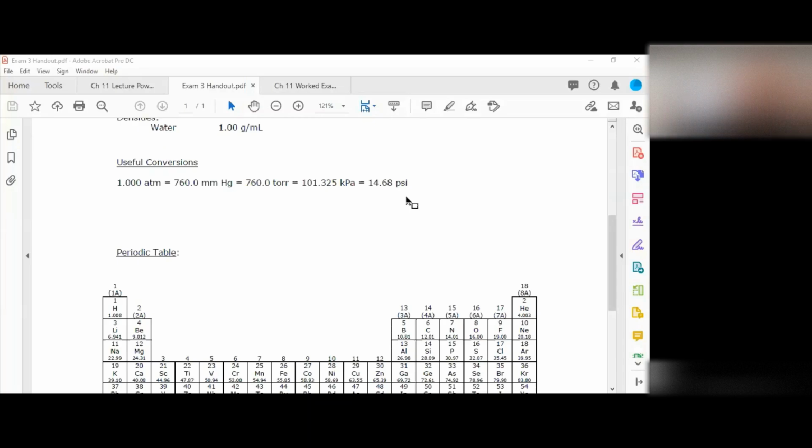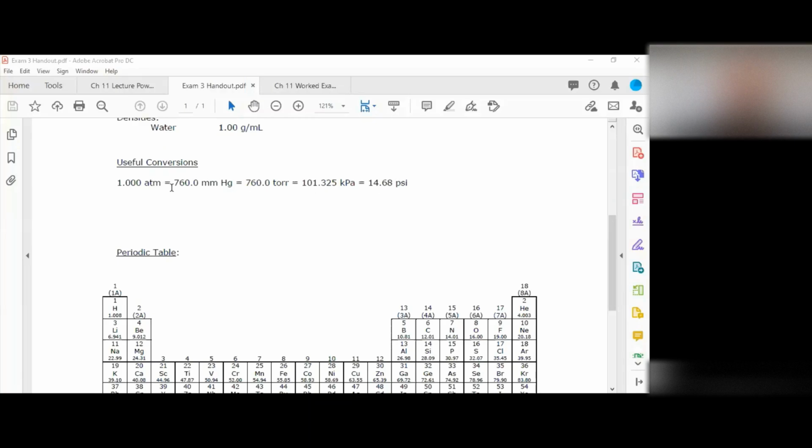If you look at the tires, if you look at cylinders in hospitals, there are a lot of tanks where pressure is being monitored. We see it measured in the unit of PSI. So it's very important that we be aware of the conversion from PSI to atmosphere or any other units.